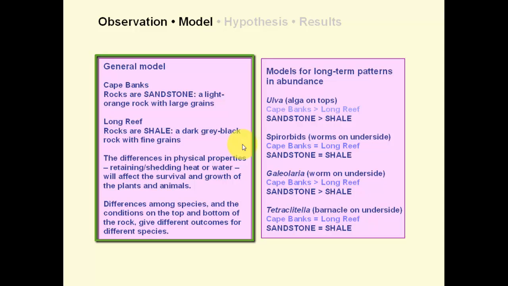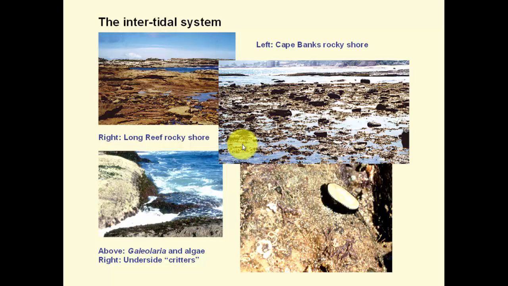So if you remember back to the original images, and let's just go back, the Cape Banks rocky shore has orangey red and sometimes pale whitish rock. It's sandstone. In contrast, it's a bit hard to see in the photo because of where the light's coming from. In contrast, at Long Reef, the rock is dark grey to black, and it is shale.